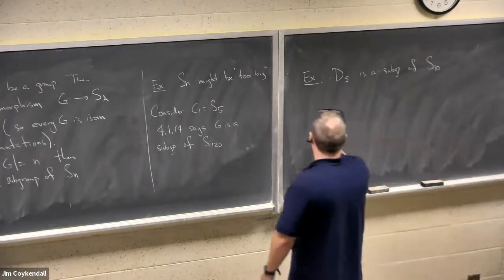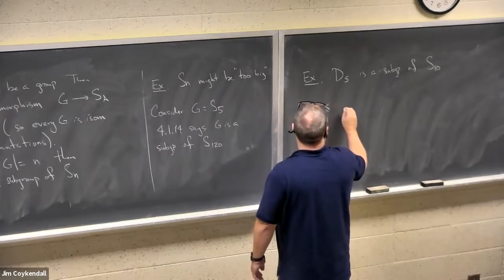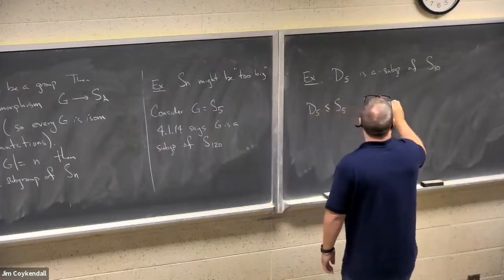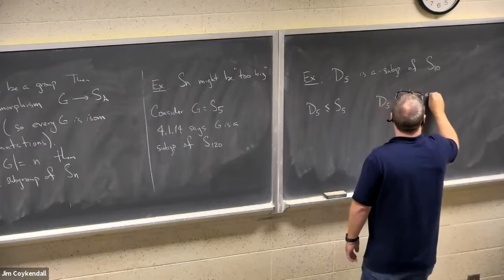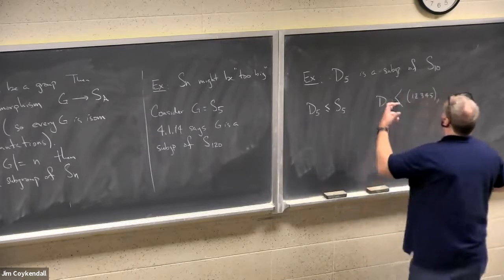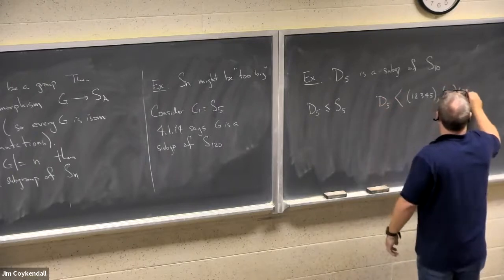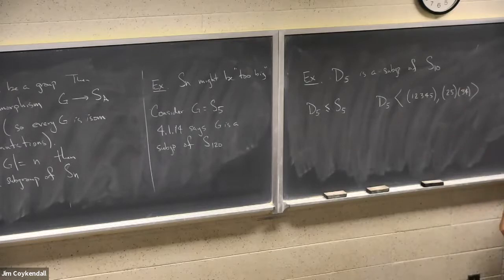But also, D5 is contained in S5, if you represent D5 generally by the permutations (1 2 3 4 5) and (2 5)(3 4). So here we did better than S10 by putting it in S5, right?